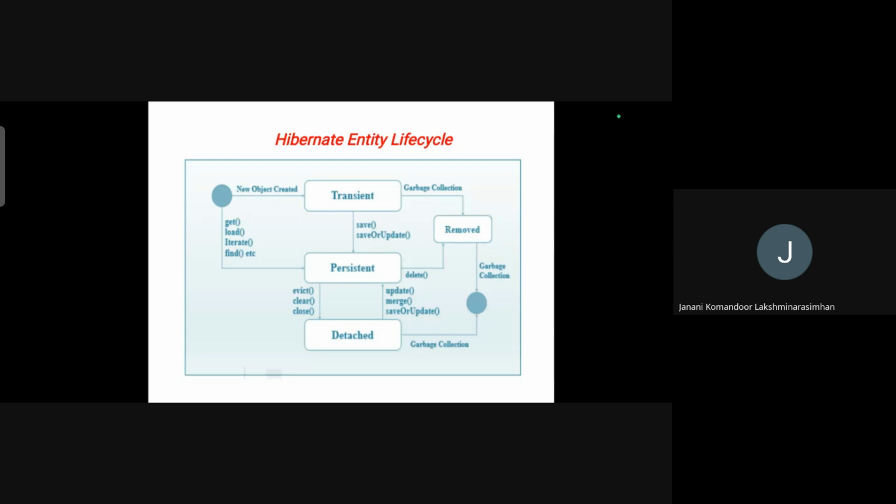When it goes to the first level cache or second level cache, it goes to the persistent state. For example, a configuration object is created; once it is created, it is in the transient state.